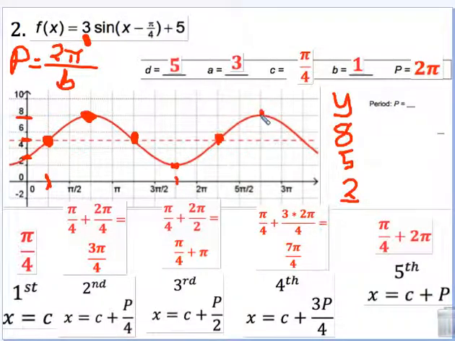So right here is going to be my maximum, and down here is my minimum. If you notice, you can count your tick marks. Every 2 tick marks, you're getting to either a maximum, a sinusoidal point, or your minimum values, okay? So that's how we did problem number 2.